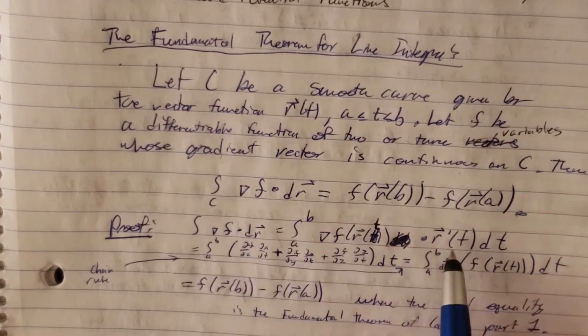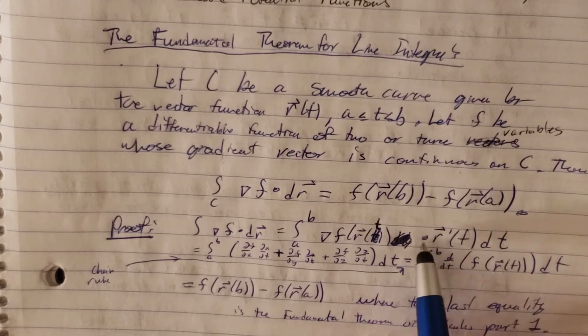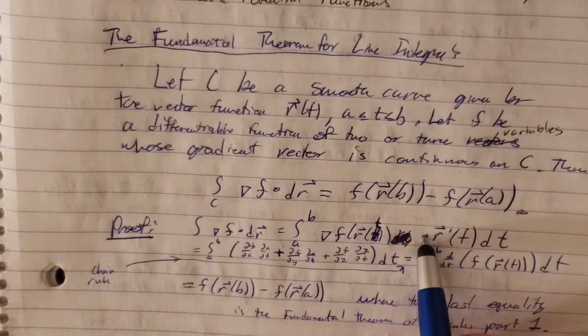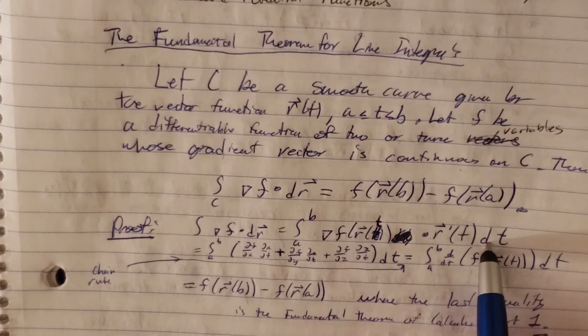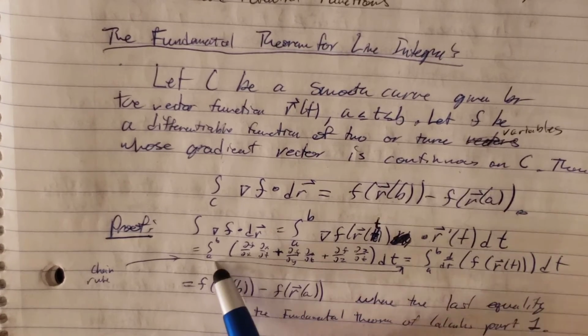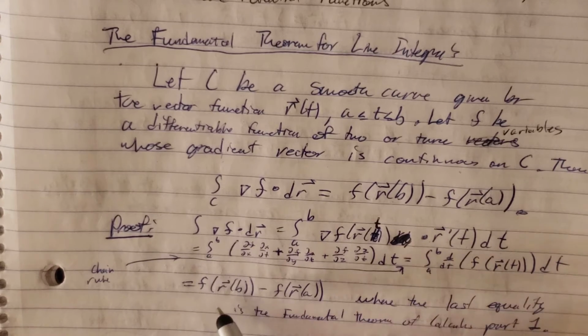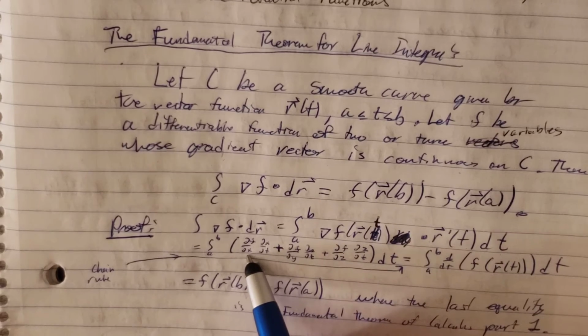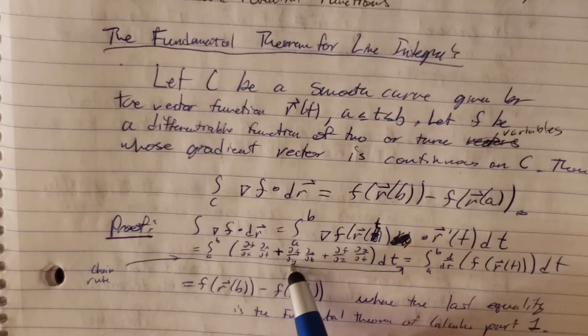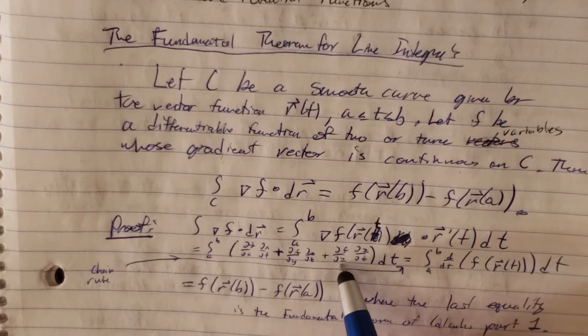What was dr? dr was r prime of t dt. So we dot the gradient of f with r prime of t dt. And what is that? Well, we get the integral from a to b of, and the gradient of f is partial of f with respect to x, partial of f with respect to y, partial of f with respect to z.